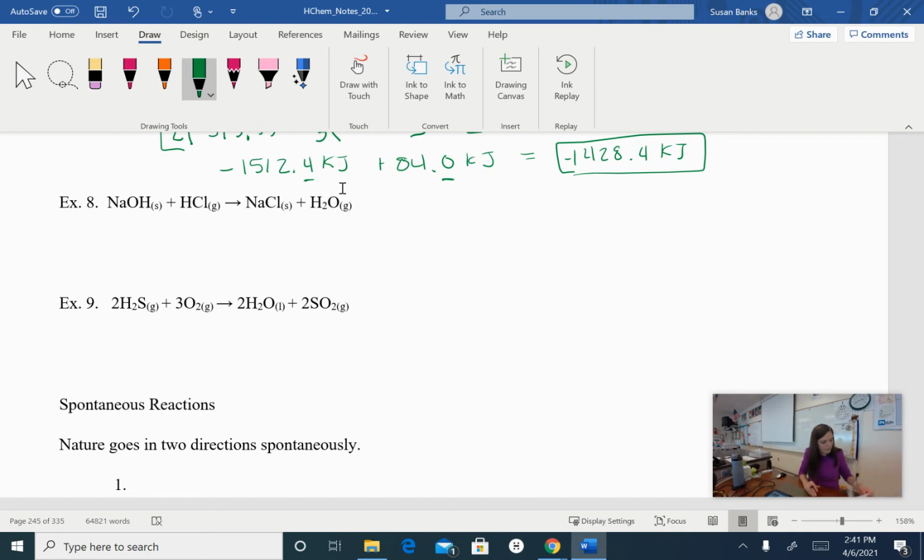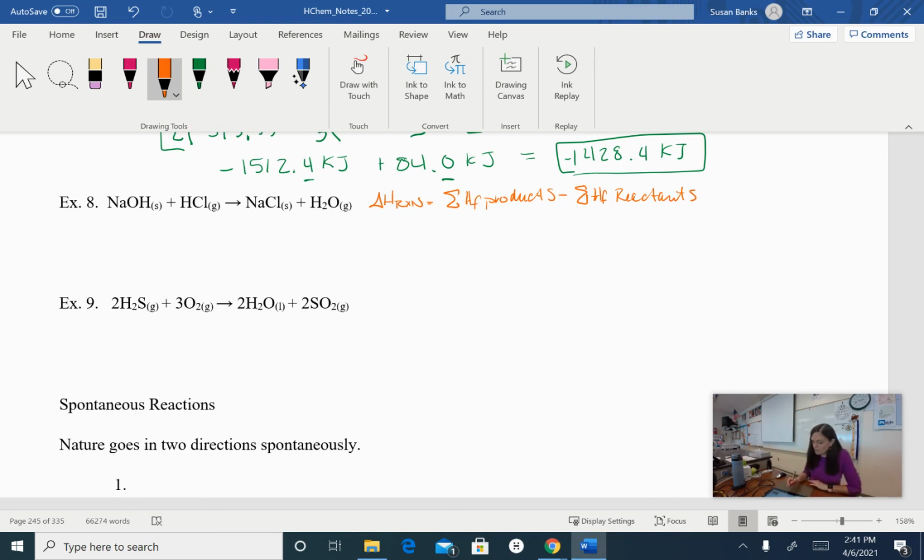So delta H of that reaction is the sum of the heats of formation of all our products minus the sum of the heats of formation of all our reactants. Okay? So first things first, we're going to make sure that this is balanced, and it is balanced.